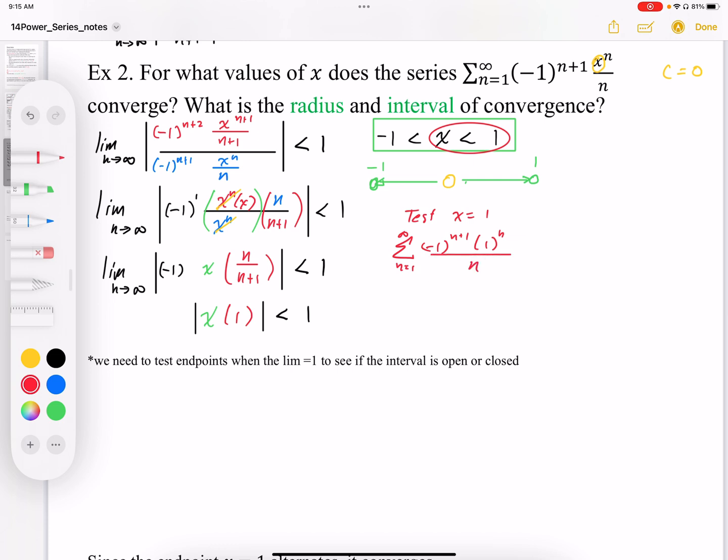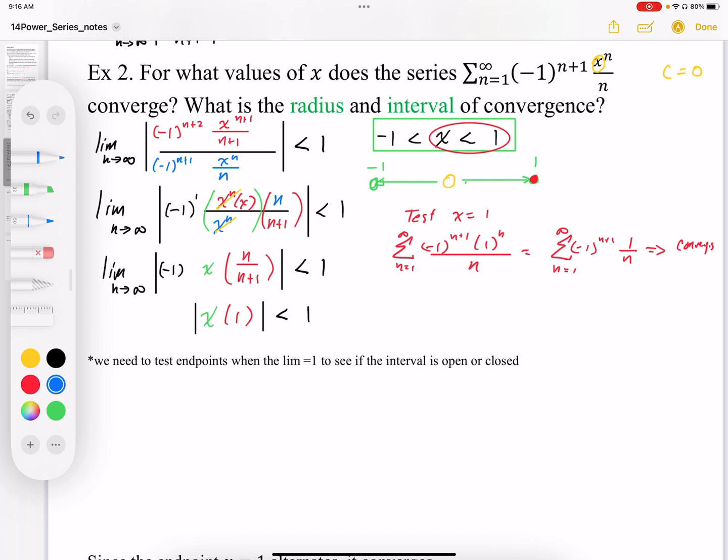Now, what this ends up being is, that 1 to the n really doesn't do anything. It just becomes 1 over n. And maybe just so that you can see a little bit more clearly, I'll put in the relevant parts. It becomes an alternating series of 1 over n. This is an alternating harmonic series. This converges. Okay, so that means then it is convergent at x equals 1. That means we include that endpoint as part of our interval.